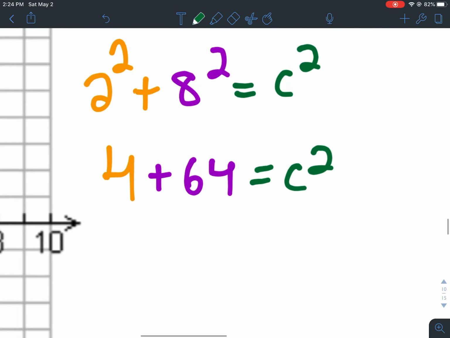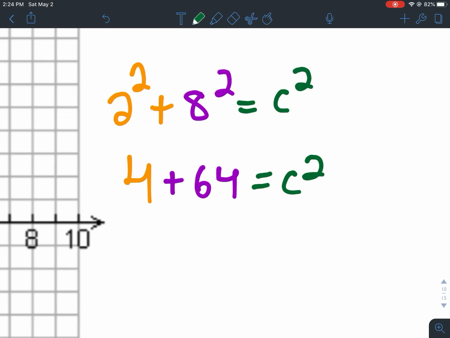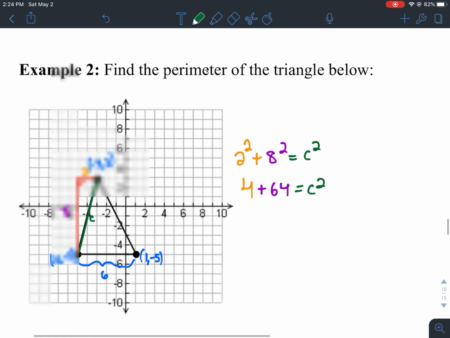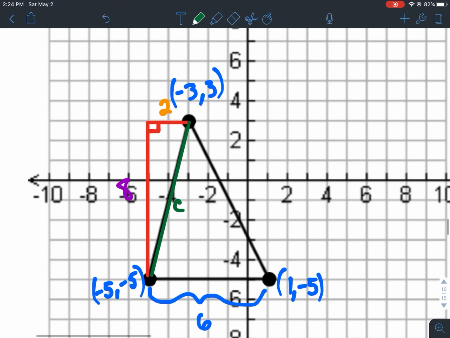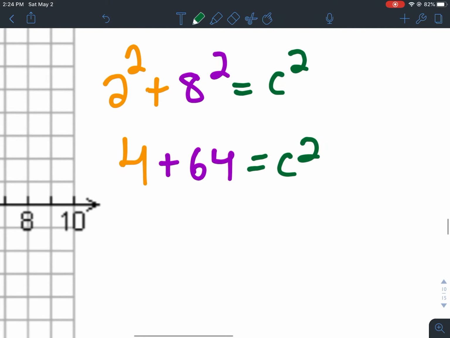So then, again, it just involves a little simplification. 64 plus 4 is 68.